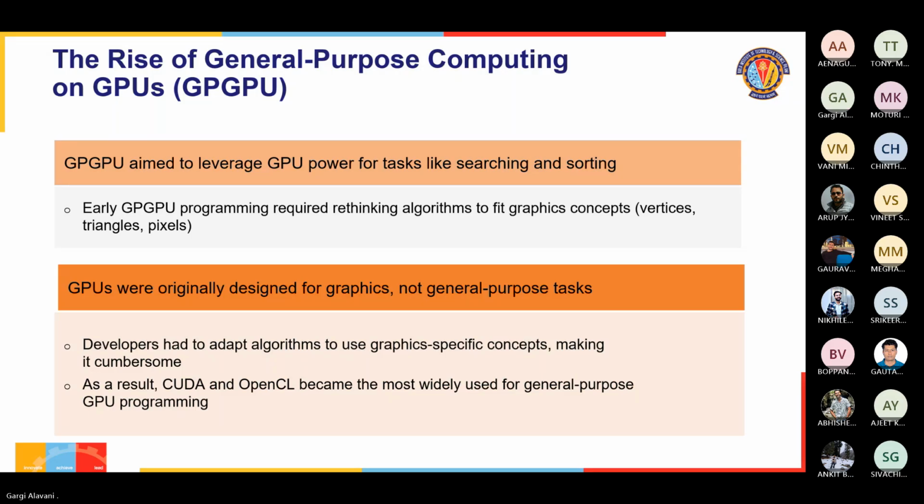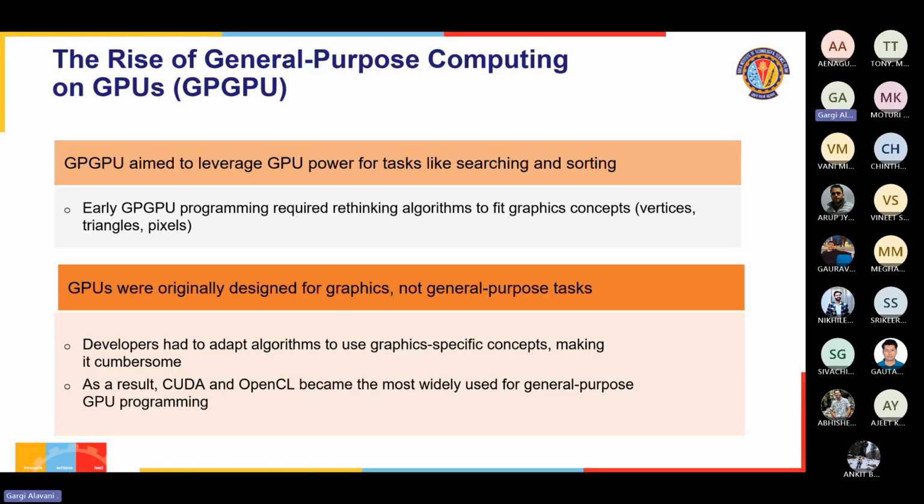Although we talk about searching and sorting, it is not that the best searching or sorting algorithm, a sequential one, will do justice if we just move it to a GPU.